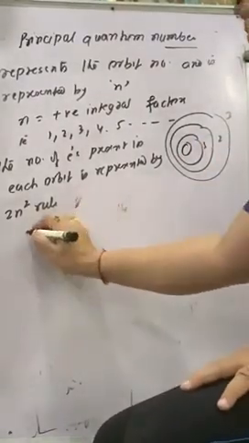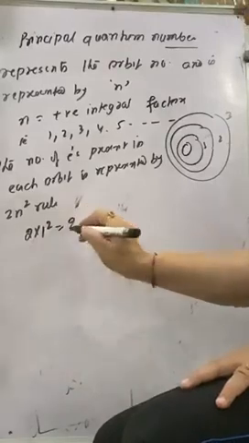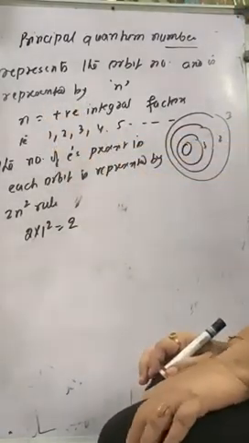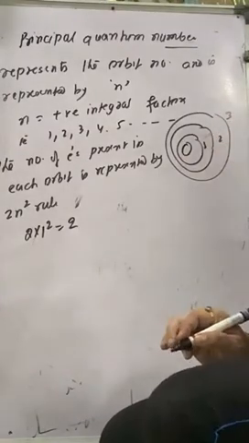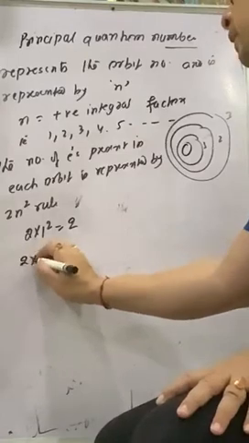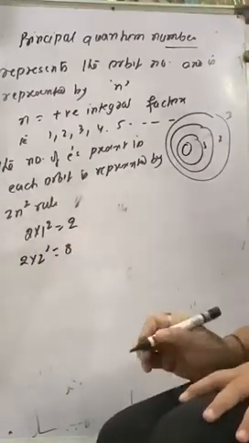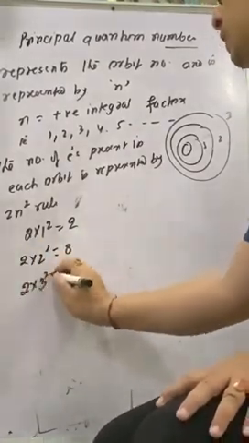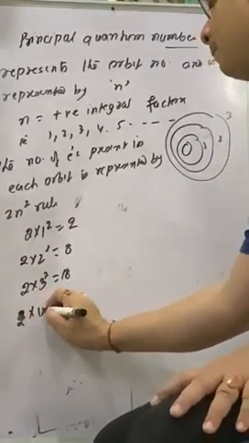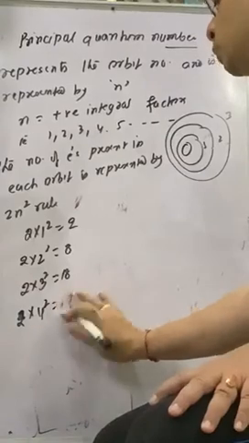So 2 into 1 square is equal to 2. Why 2 into 1 square? Because it is the first orbit. The number of electrons is always represented by the 2n square rule. 2 into 1 square is 2, 2 into 2 square is equal to 8, 2 into 3 square is equal to 18, 2 into 4 square is equal to 32, and so on.